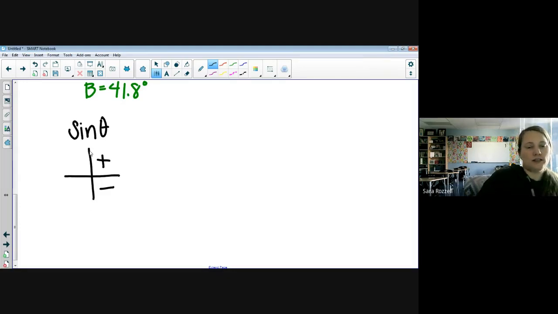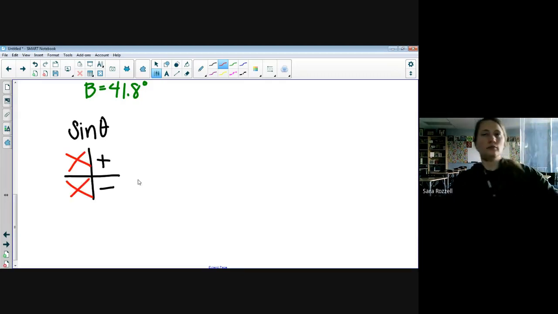So we are limited to quadrants 1 and 4 when they're asking about inverse sine. We do not look in quadrants 2 or 3. So these are off limits for sine. We're going not here and not here.